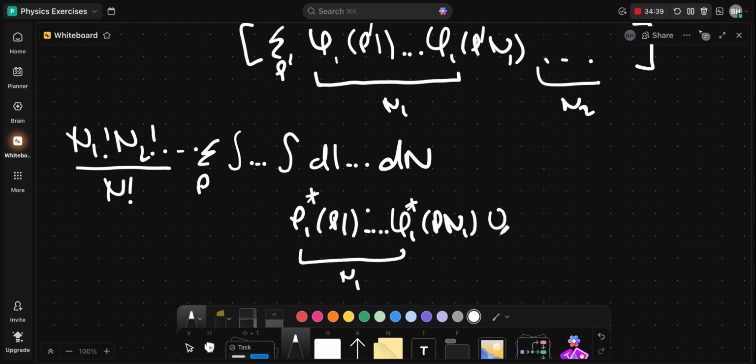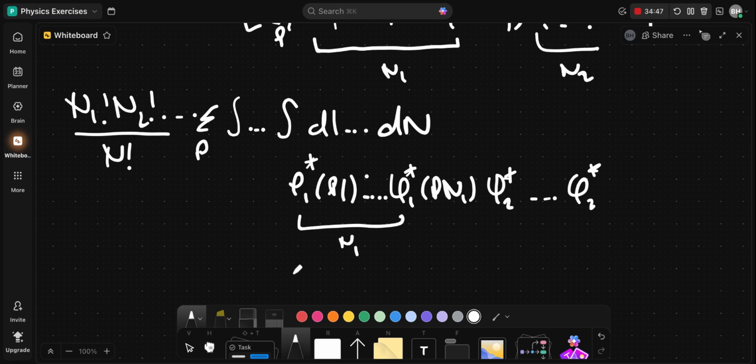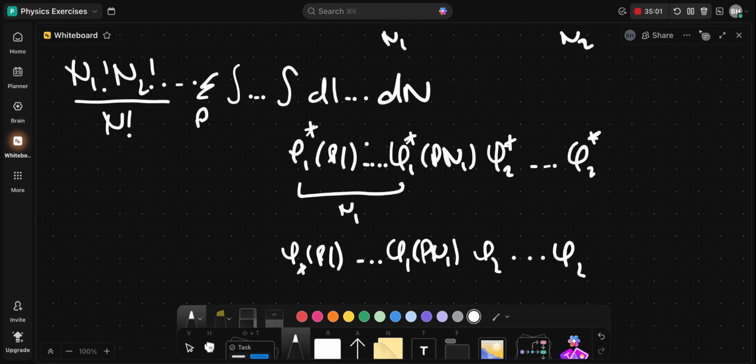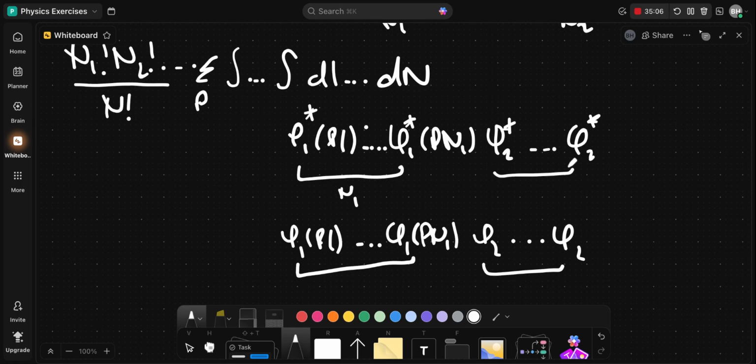Then you're going to have this for phi 2 as well. But you're also going to have the same term again, not asterisked: p1 through p and 1, and the same, and this keeps going. There are n2 terms here. So this line is multiplying this line and it's being integrated over.